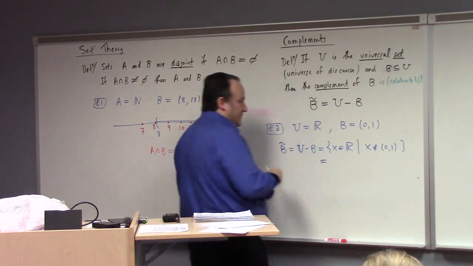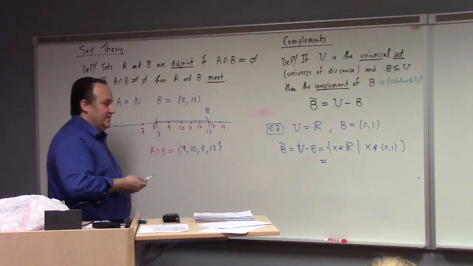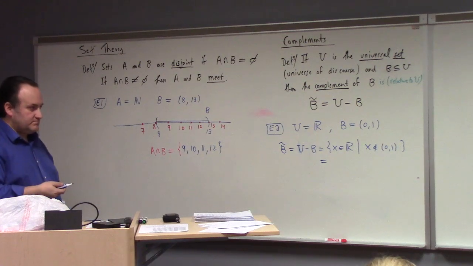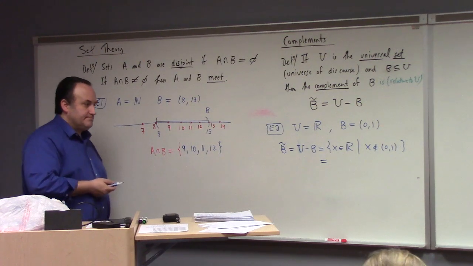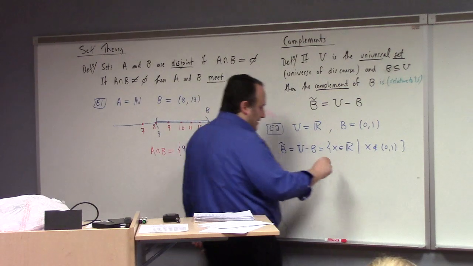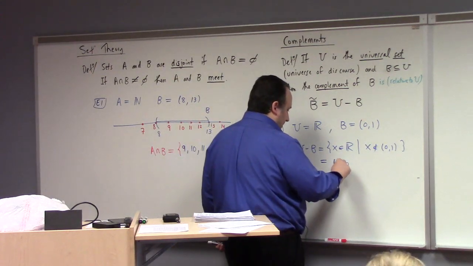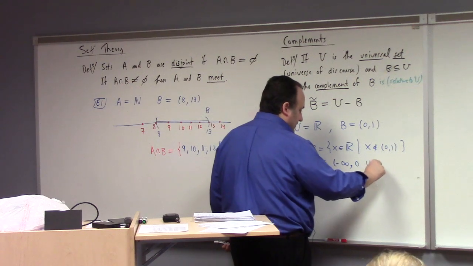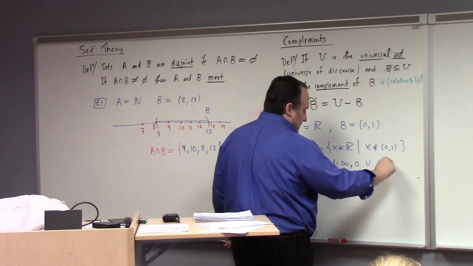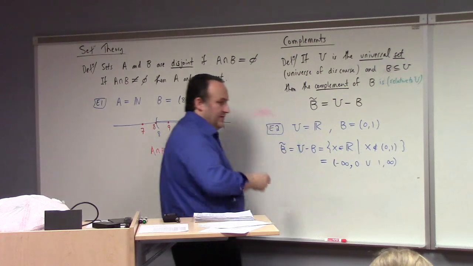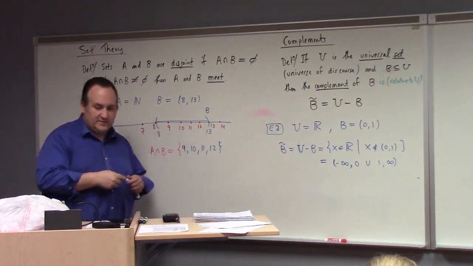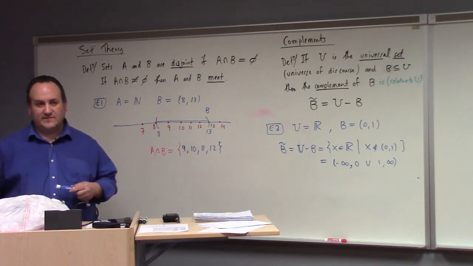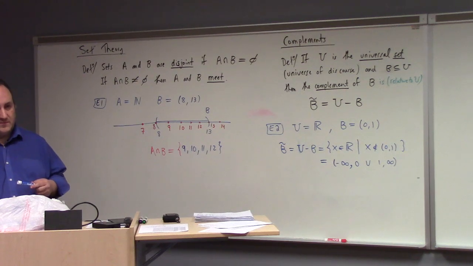So we can express that in interval notation. What are we looking at? I'll get us started: minus infinity to 0, and then union 1 to infinity, right? We always put parentheses around infinity because infinity is not a real number, so it's not included in the interval.